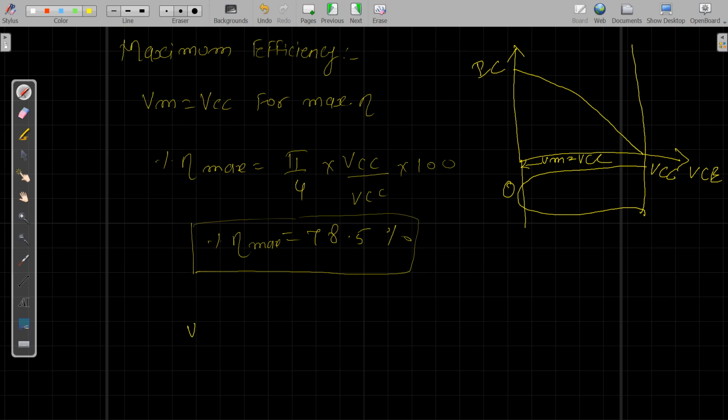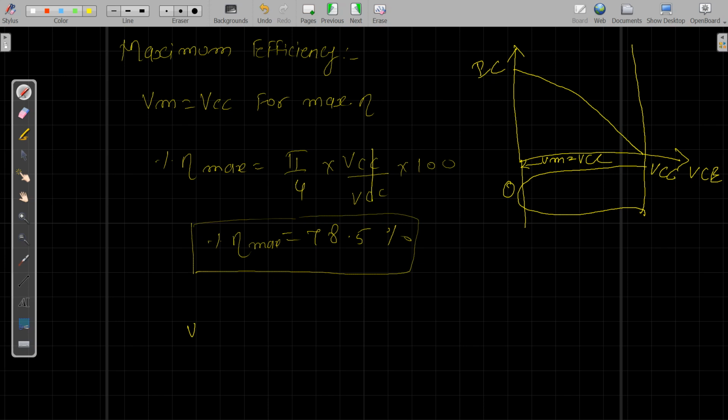So the maximum efficiency is pi by 4 Vm by Vcc, and now Vm I have replaced by Vcc. My answer is pi by 4, which is 78.5%.